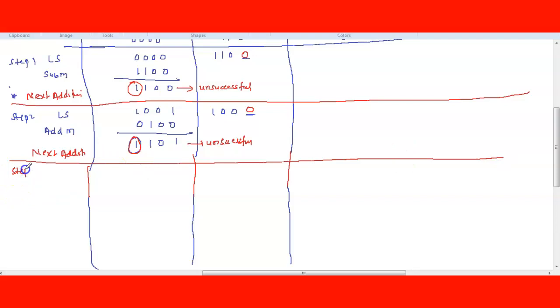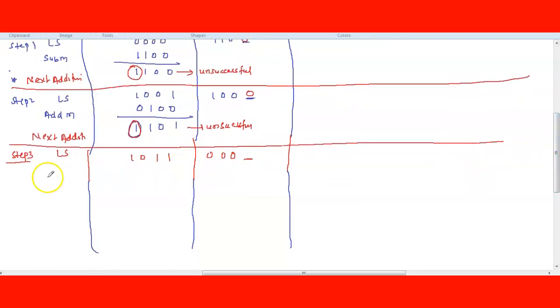Step 3. Again do the left shift. We'll get 1 0 1 1, and this is 0 0 0, and this bit is empty. Now add m. Add m, which means add 4, 0 1 0 0.